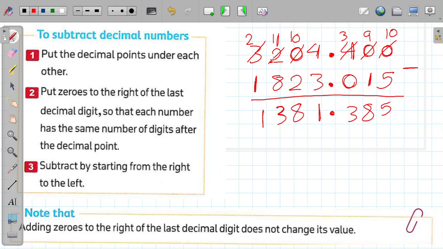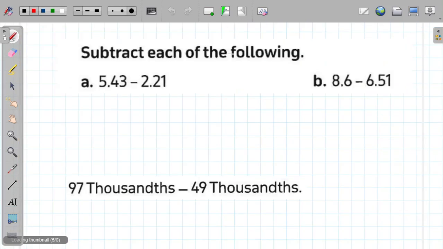So why don't we try and solve with some examples again? Okay, so I have here 5.43 minus 2.21. Okay, it's very easy. So I will put the two numbers under each other. So I will put the decimal points first.